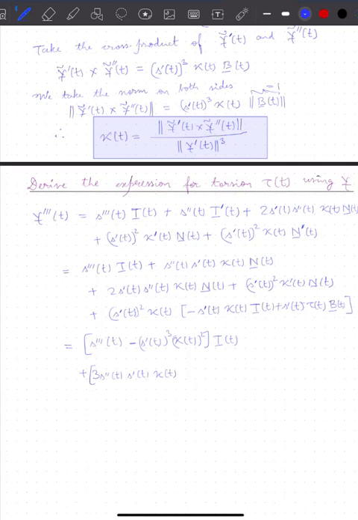And what we have here is plus s prime of t whole squared kappa prime of t, and this goes with the n vector. And for the last term, we have plus s prime of t whole cubed kappa of t tau of t.